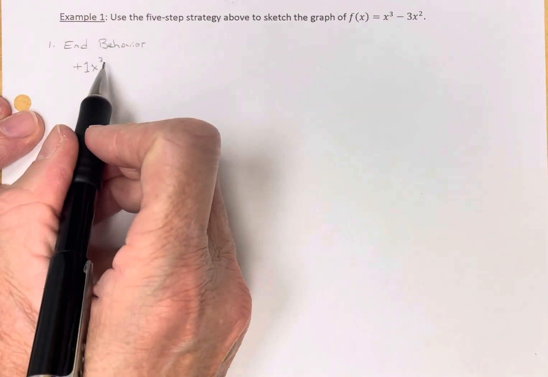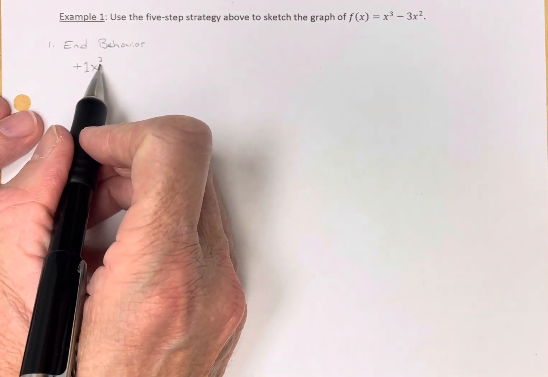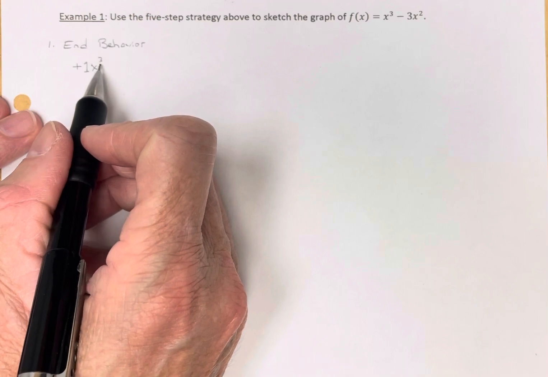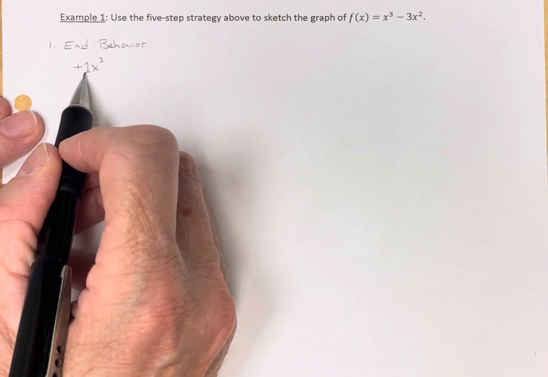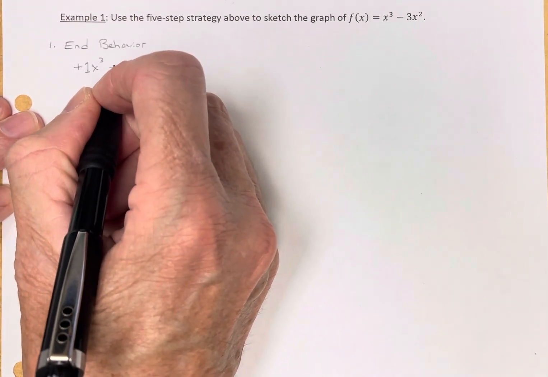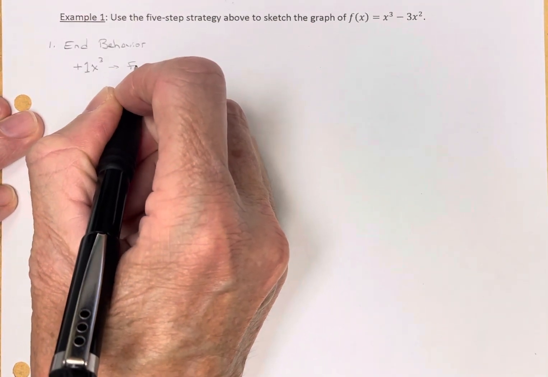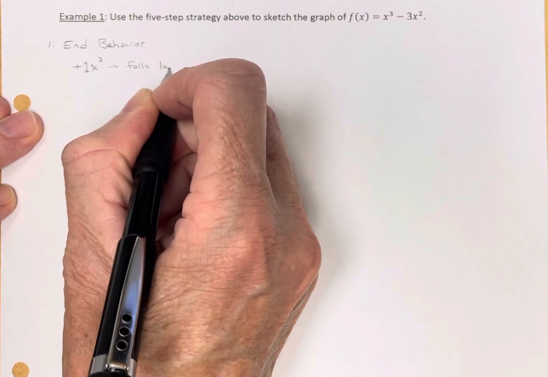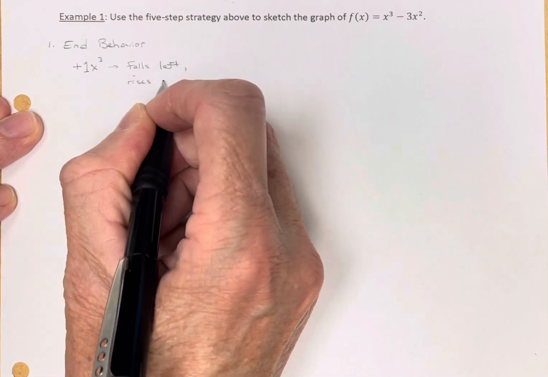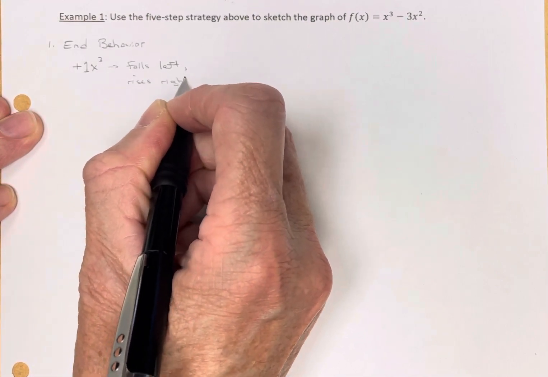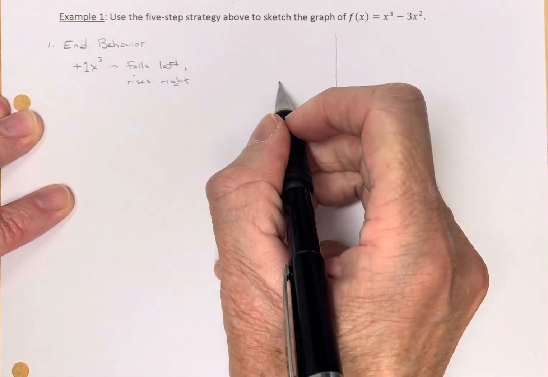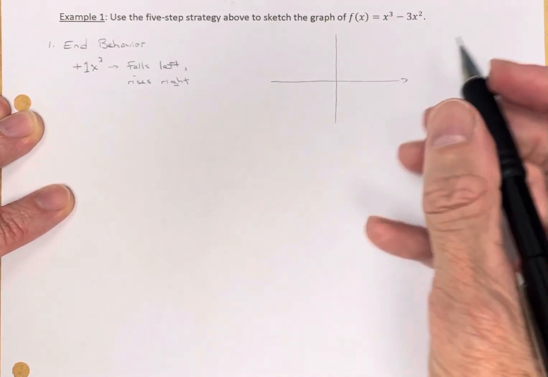So we know it's an odd polynomial, so the end behavior is opposite. And it's a positive 1, so it falls to the left and it rises to the right. Let's take a quick little sketch of this, and again, we're just trying to get an idea of what's going on here.